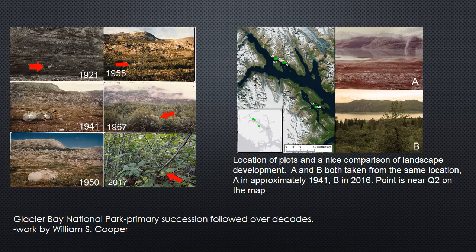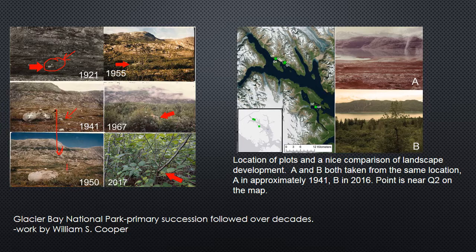So this was just really cool. It's a study done by William S. Cooper in Glacier National Park, and it followed primary succession over decades. So in 1921 is where we start, and here's this boulder in the center, and as we watch it progress through the different years, you can see we start out with nothing, and we have some lichen coming in, and then we have these tiny little plants.